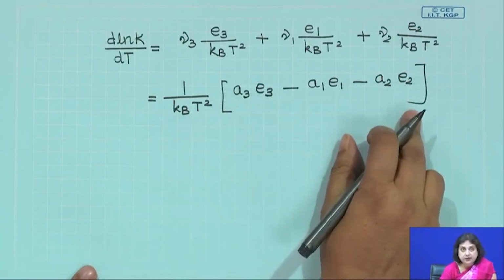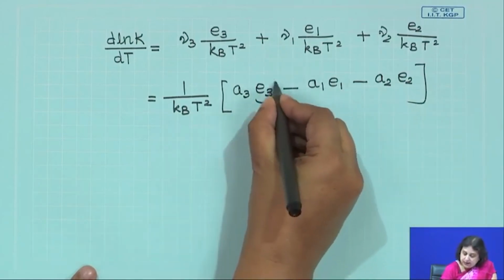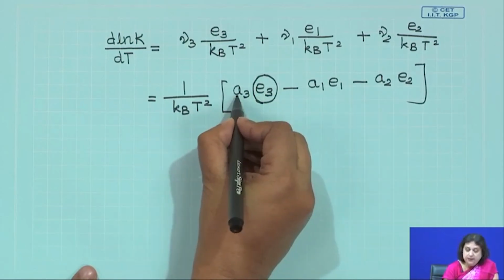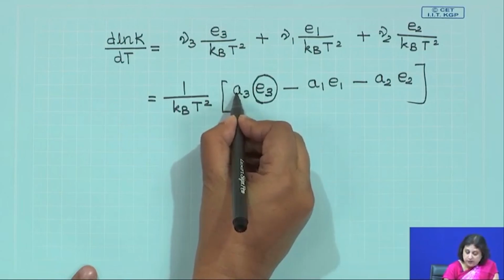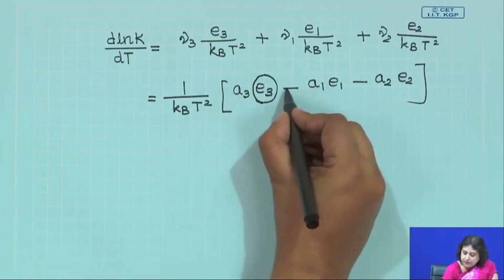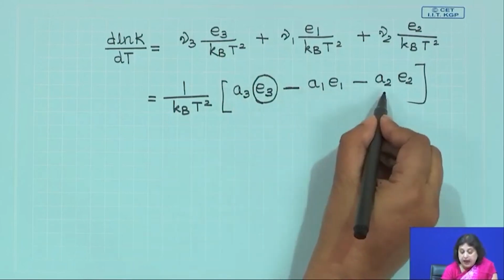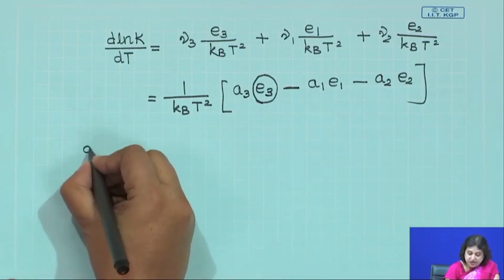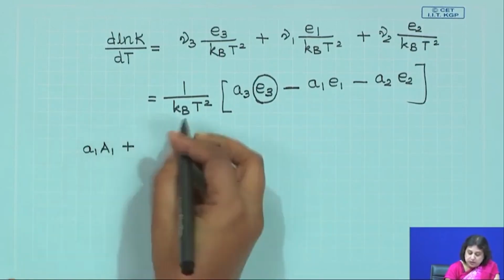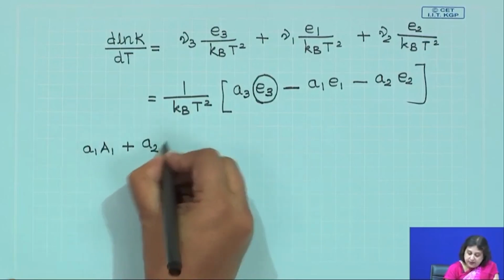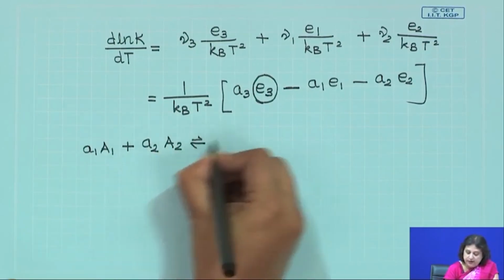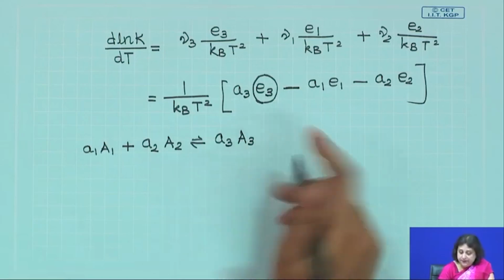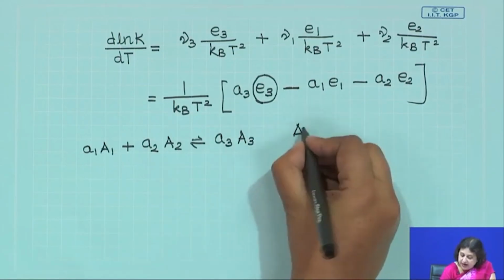So, what do I have here? This is the internal energy per molecule of the product, multiplied by the stoichiometric coefficient appearing in the balanced chemical reaction, minus the same terms appearing for the reactants. And therefore, for this reaction where a1 moles of capital A1 react with small a2 moles of capital A2 giving rise to small a3 moles of capital A3, what is the change in reaction energy?